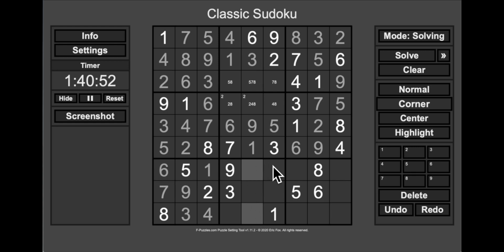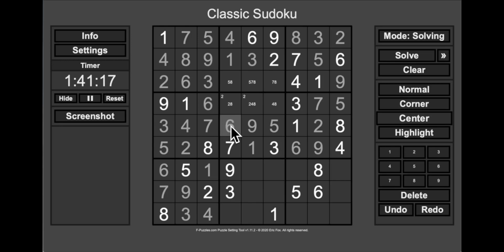This 6 in row 7 rules out that one. This 6 rules out this one and this one. This cell is ruled out by this particular 6 and this particular 6. This 6 rules out this cell. And this 6 rules out that cell. So no matter how I do it, I have no place for 6 in box 8.